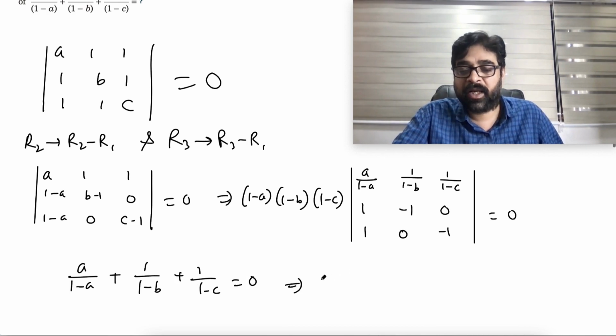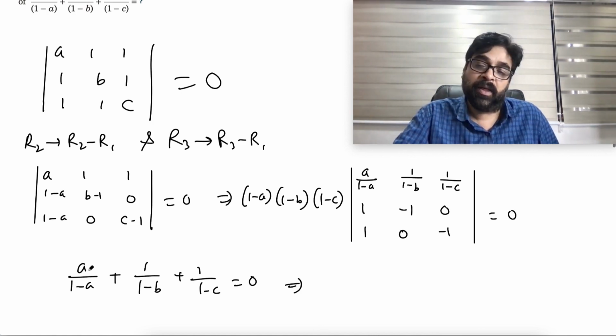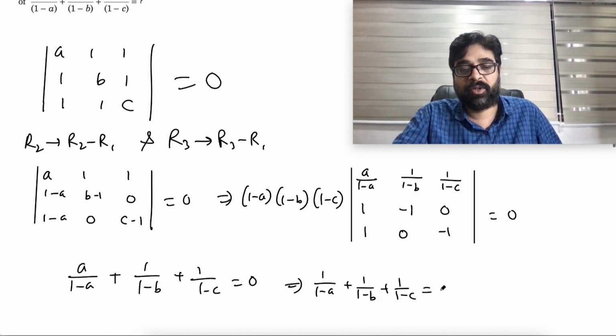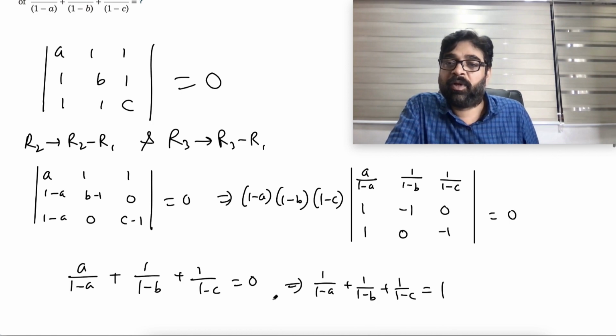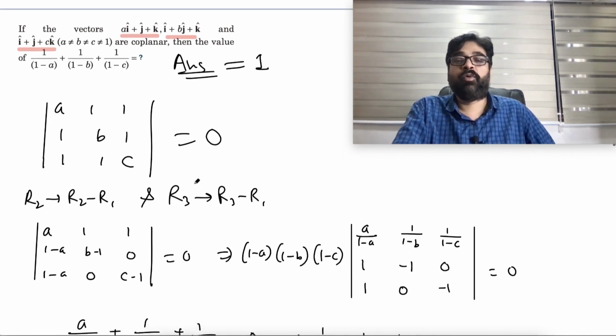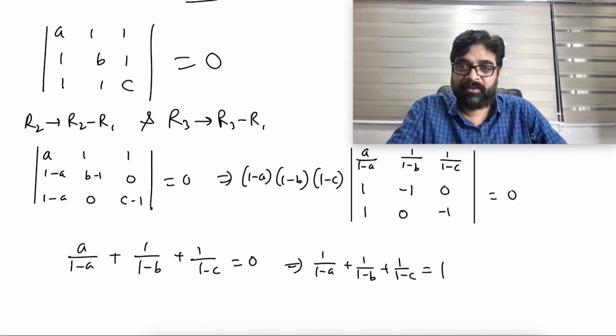Writing A by 1 minus A as 1 by 1 minus A minus 1, we get 1 by 1 minus A plus 1 by 1 minus B plus 1 by 1 minus C equal to 1. So the answer is 1. I hope it's clear to everybody. Okay, it's a determinant question. There is no role of vectors, right?